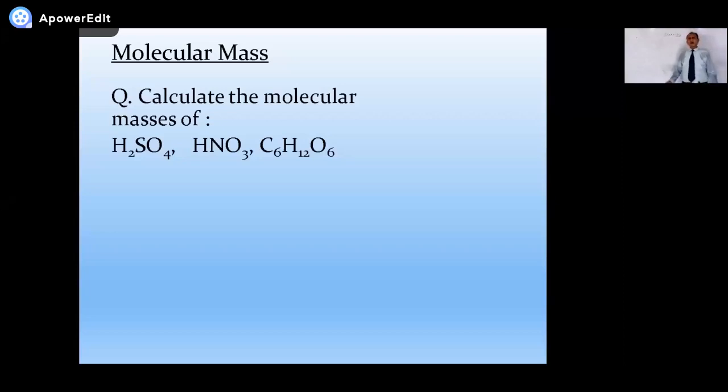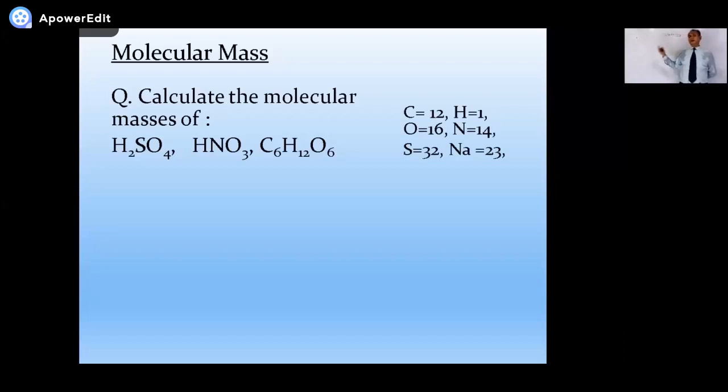There are different methods to find this mass. I'm showing you two methods; you can use other methods too if you know them. To find these molecular masses, we should know some common atomic masses.